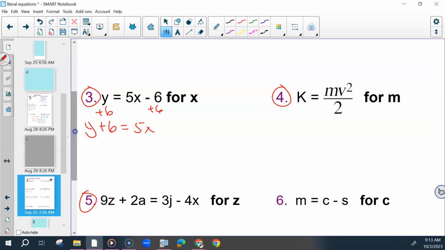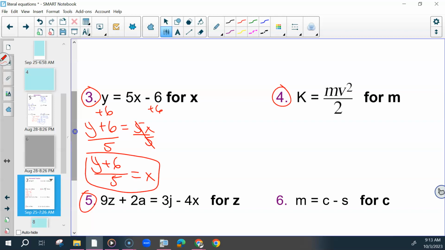Is there something that could simplify with the 5 that we would need to divide separately, or could we divide all at once? We could divide all at once. So y plus 6 all over 5 equals x.